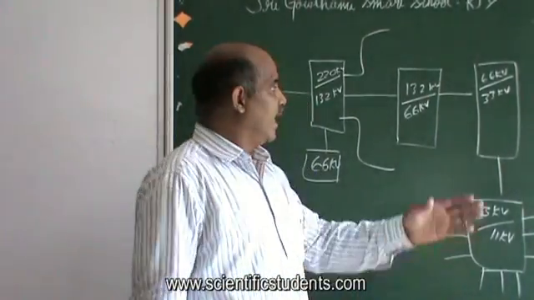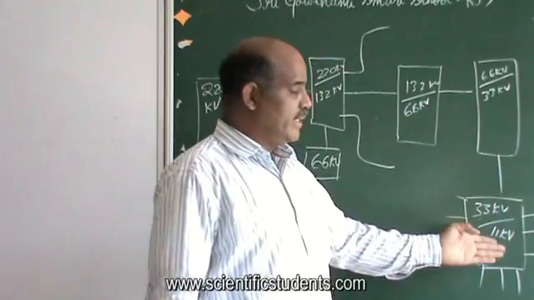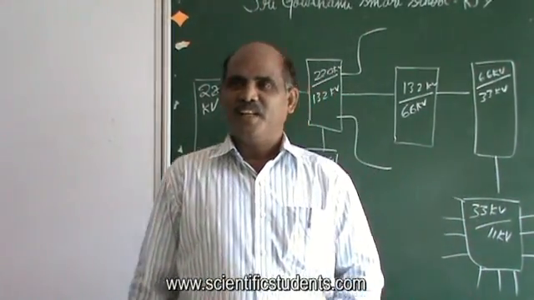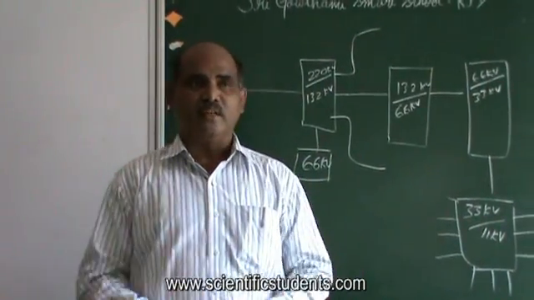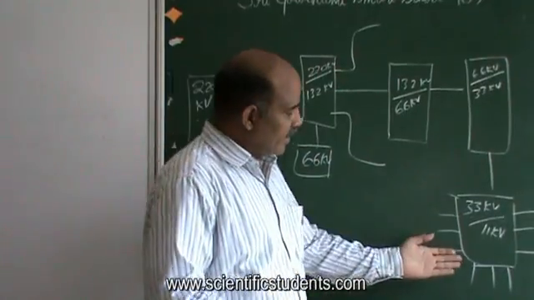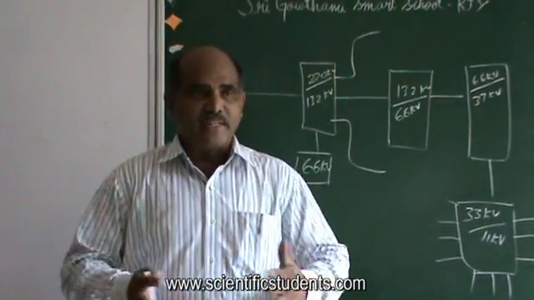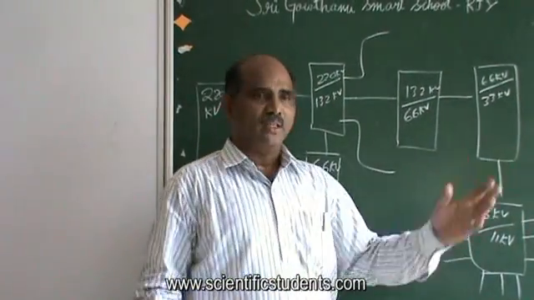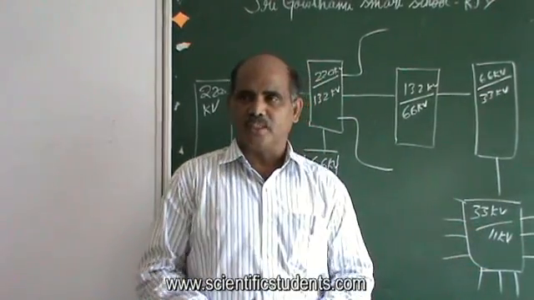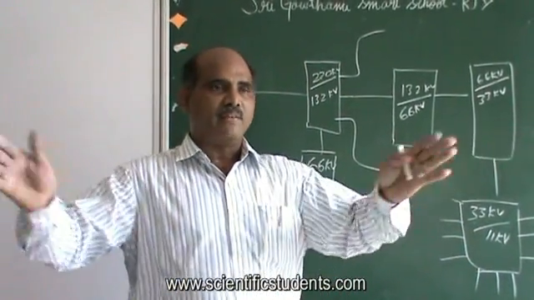5 or 6 are there. And again from 33 to 11 in Rajahmundry there are 20. And every 33 by 11 kilovolt substation feeds about 24 11 kV feeders. Every 33 kV by 11 kV substation has feeders, 11 kV feeders.